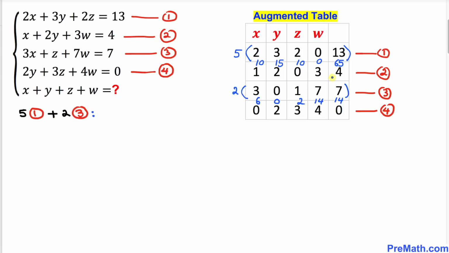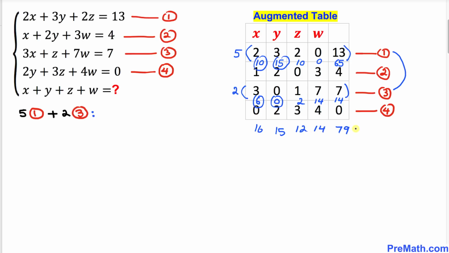Let's go ahead and add these two equations together. We are going to add these numbers: 10 plus 6 is 16, 15 plus 0 is 15, and likewise 12, 14, and 79 on the right hand side.